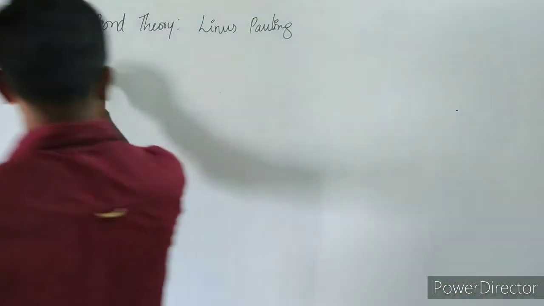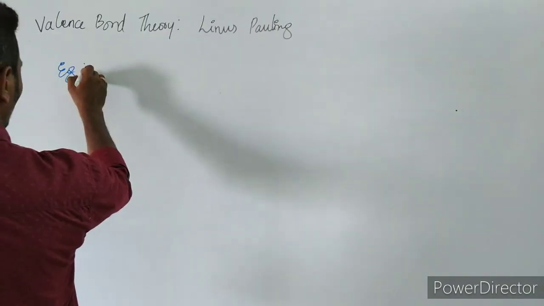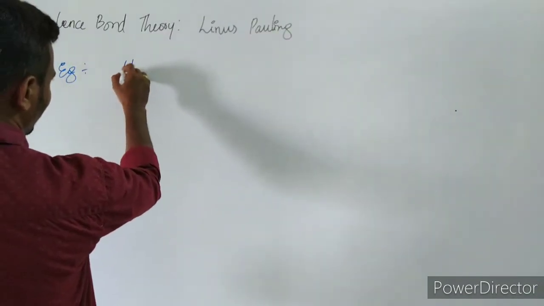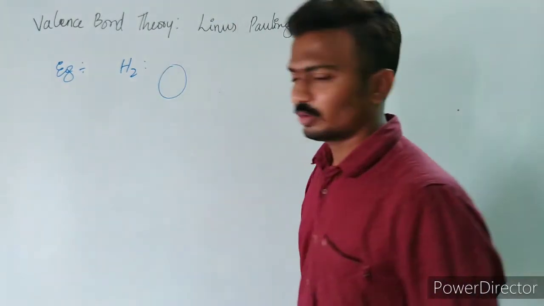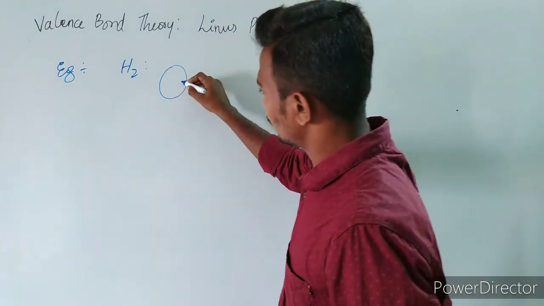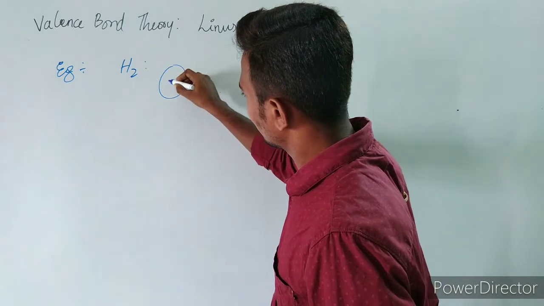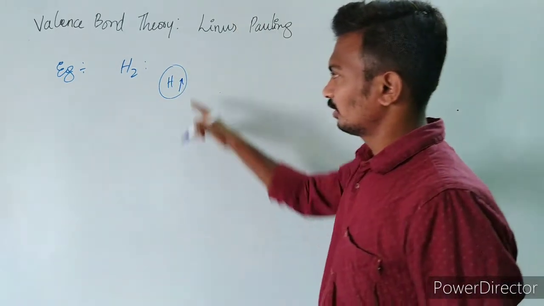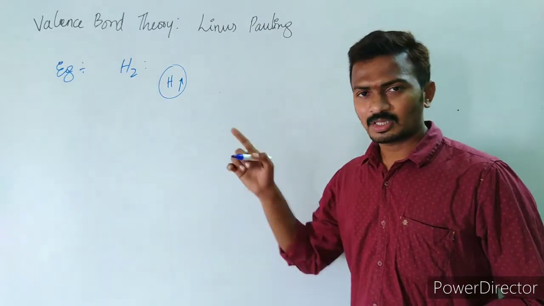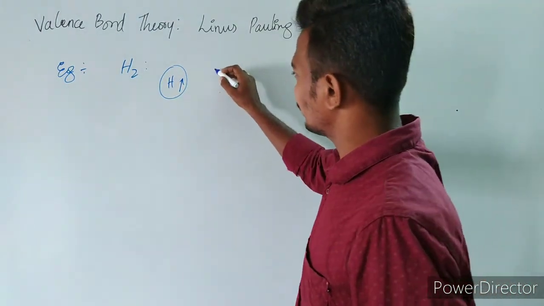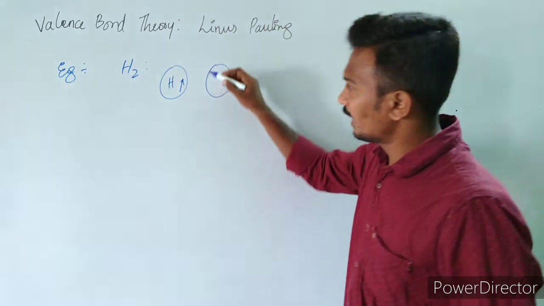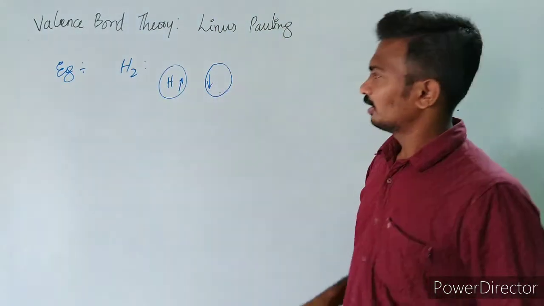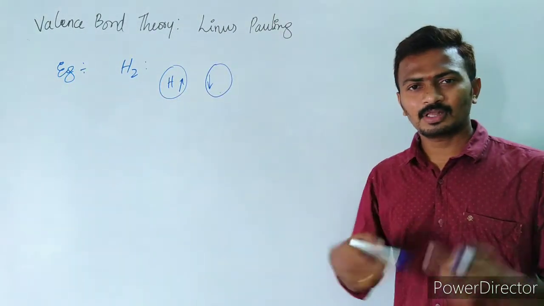Let us take the example of the hydrogen molecule. If you take a hydrogen, you know that there is one electron in this hydrogen with plus spin, and the other hydrogen which is going to take part in this bonding should have an unpaired electron with opposite spin.